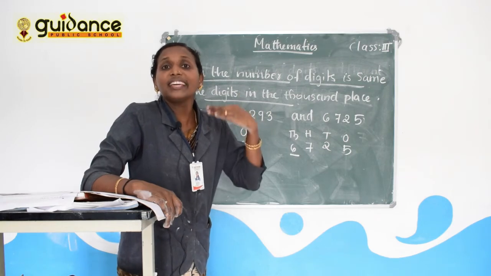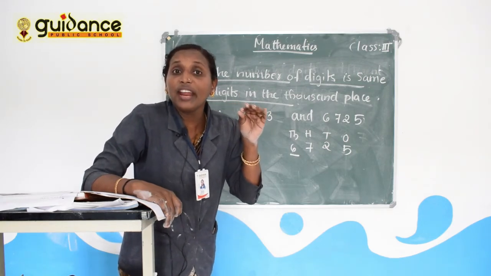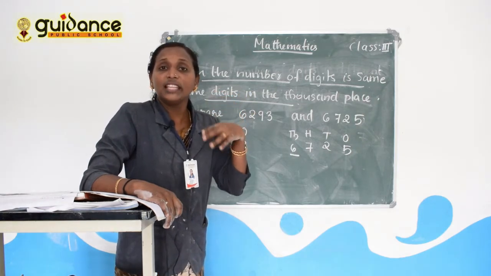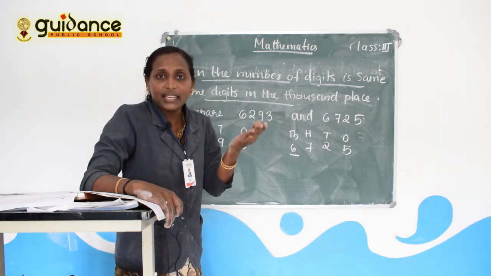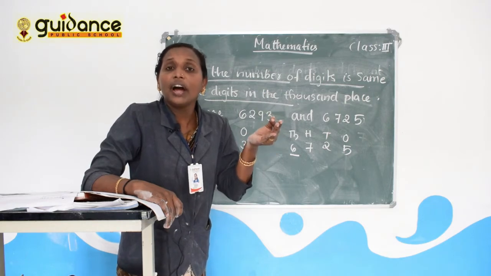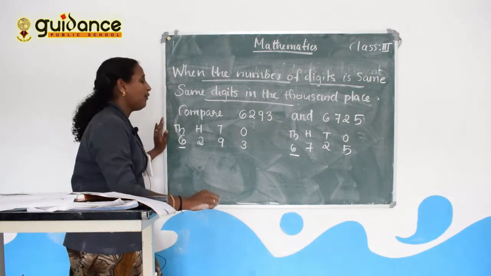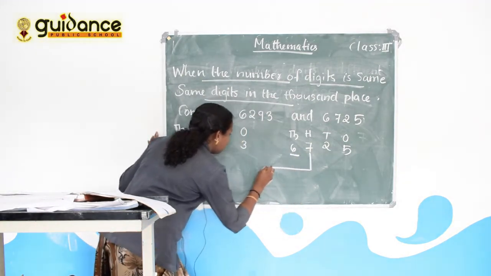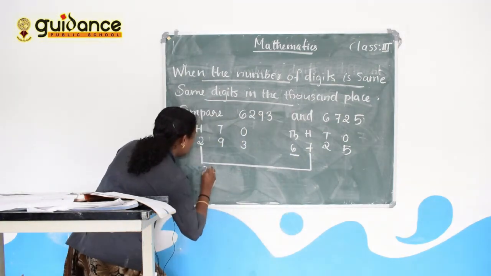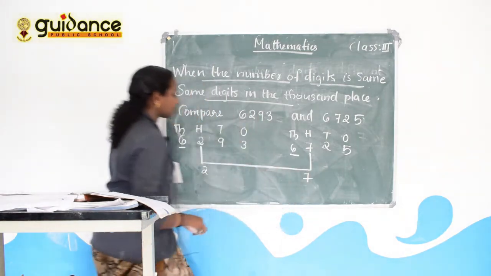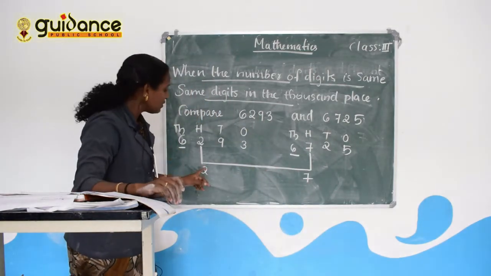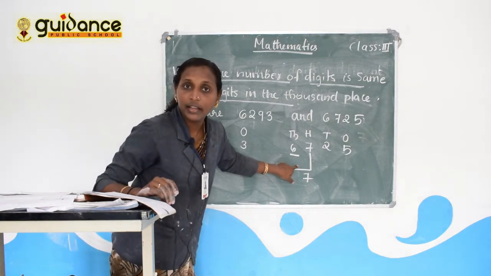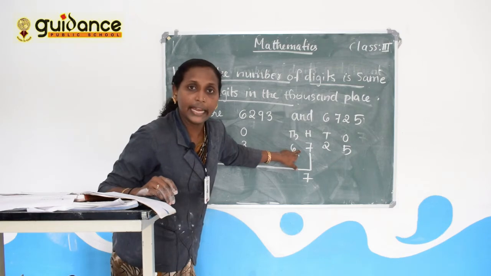That means we compare the hundreds place. So look at the hundreds place. This is 2 and this is 7. That means compare 2 and 7. Which is the greater number, 2 or 7? 7 is the greater number.